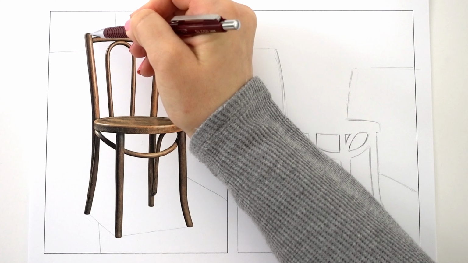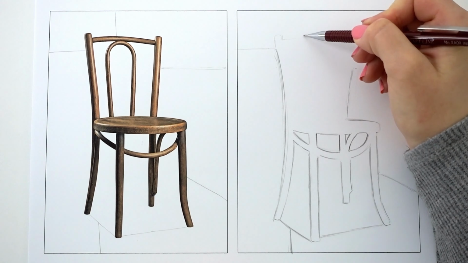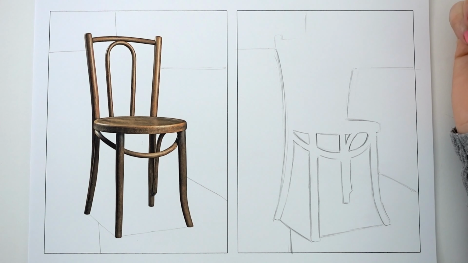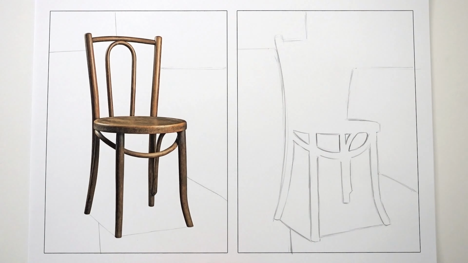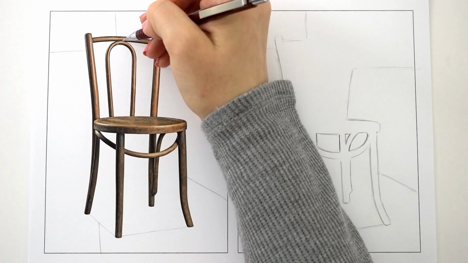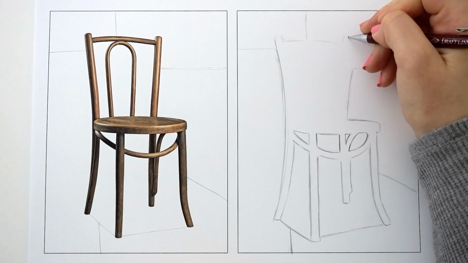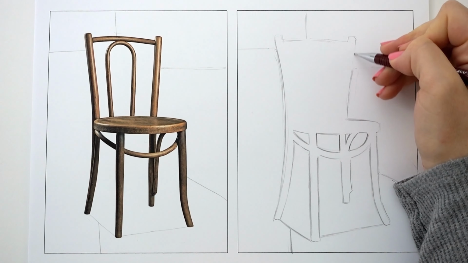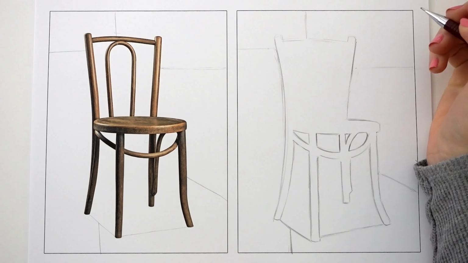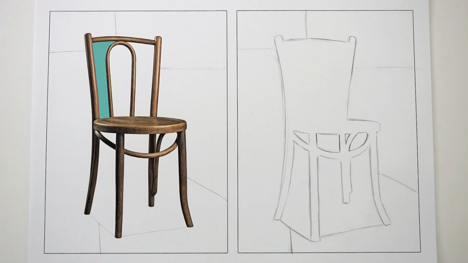Now I'm looking at this shape right here, and then this one here. Now just 3 more negative spaces here, so I'm almost done.